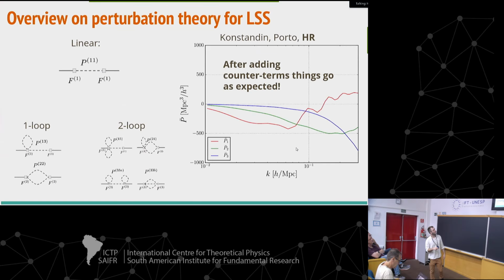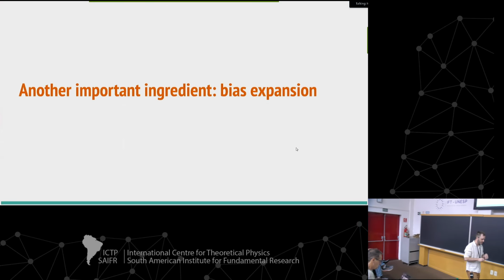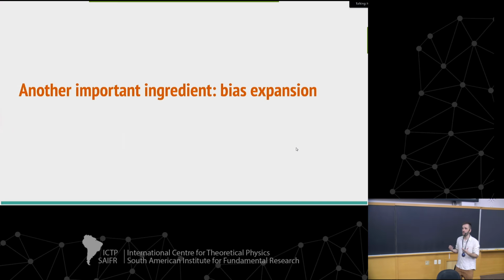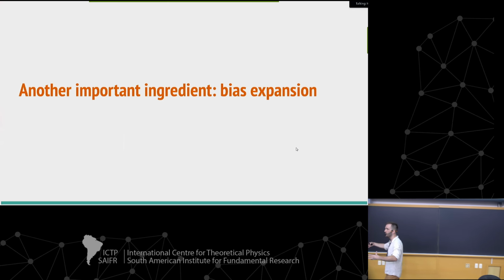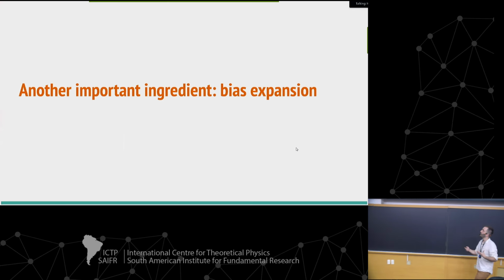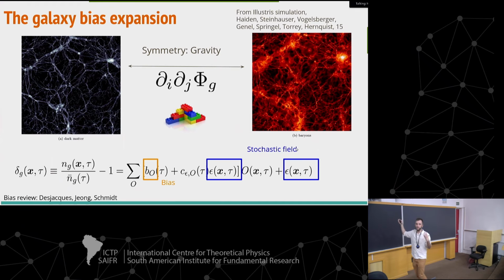Right, so moving forward. There's another important ingredient we are missing, which is that what we observe is not actually matter. The fluid equations I was showing you describe how matter evolves on large scales, right? But what we observe is not matter itself directly, but the galaxy density field, right? We have baryons in the universe.